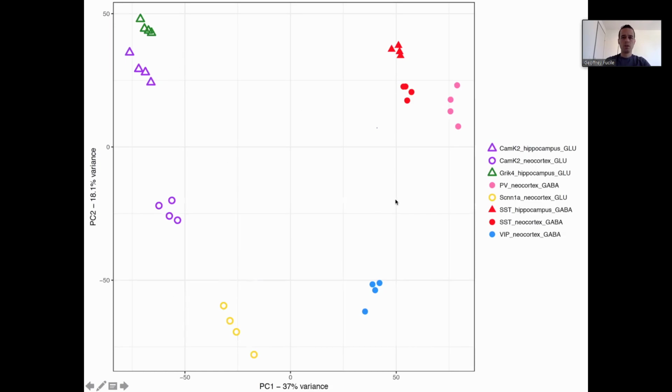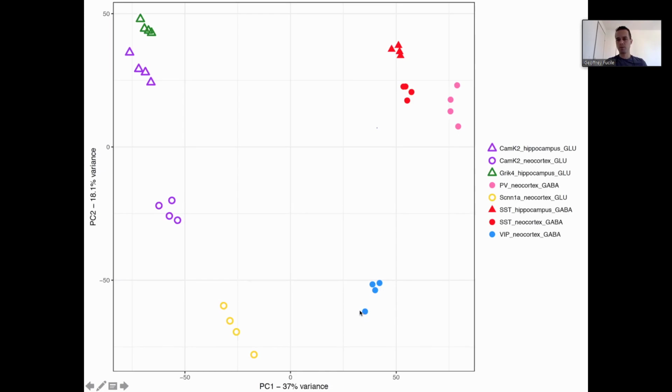Hold on. You can actually calculate the amount of explained variance as part of the algorithm. So what this is saying is that the first principal component captures about 37% of the variance in our data set, and the second one captures about 18%. You can look at the distribution of these different principal components. This is a so-called scree plot. But what we now see emerging, each one of these points is a sample, right?